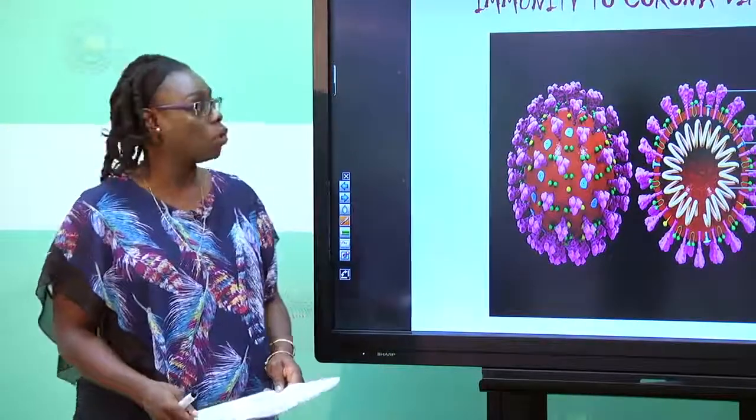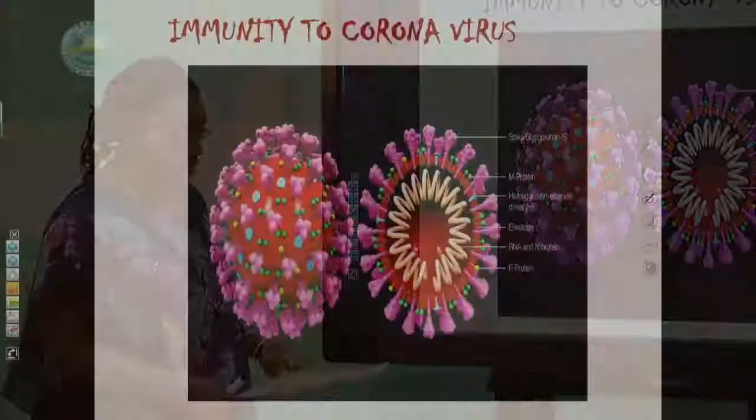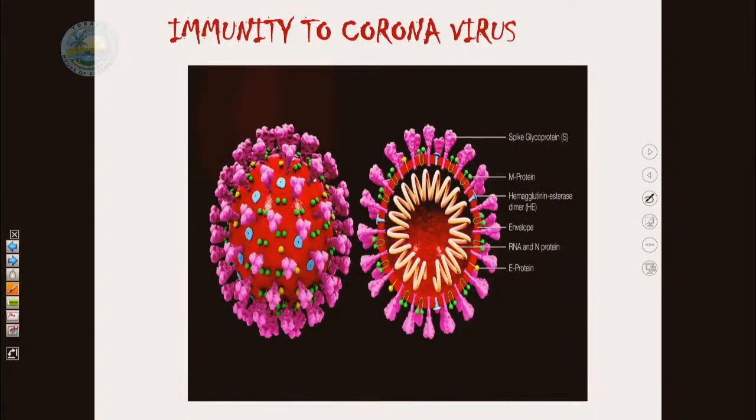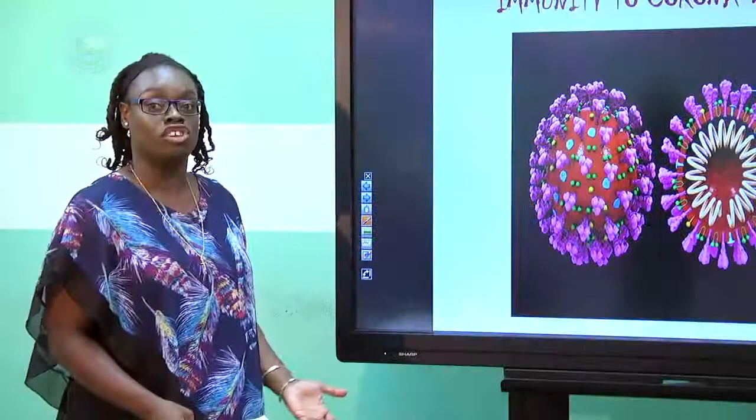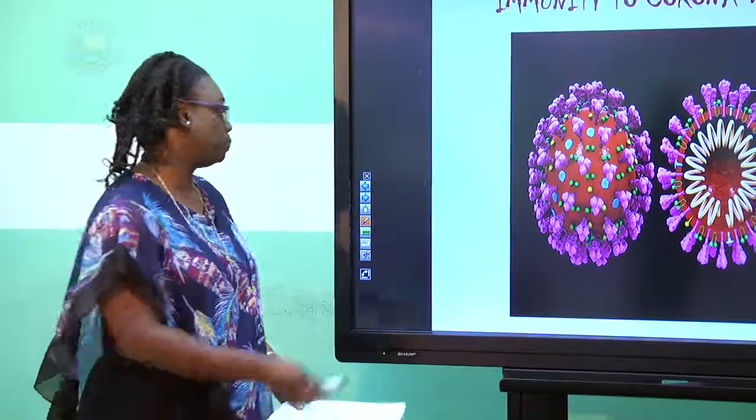In this season of the global pandemic, we may have some persons who are immune to the COVID-19 virus due to genetic variations. So those persons will not succumb to the disease as a result of variation within the human population.